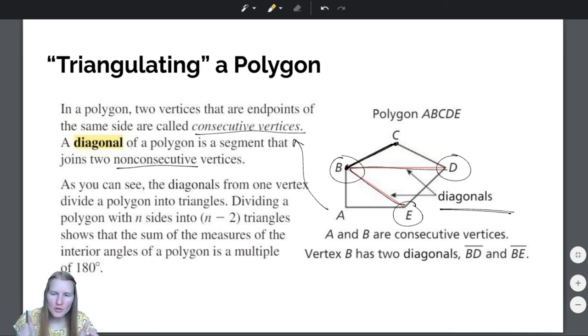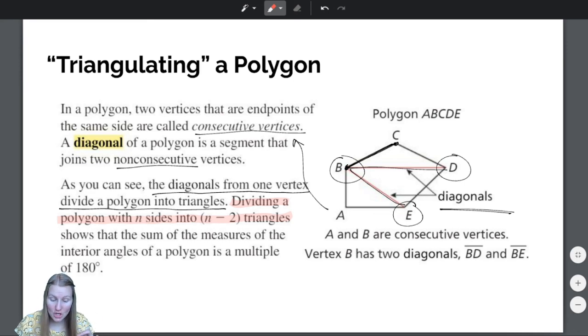Now, the special thing about diagonals in polygons is that the diagonals from one vertex divide a polygon into triangles. Now, for any shape, this is so cool, for any polygon, dividing a polygon with n sides into n-2 triangles.